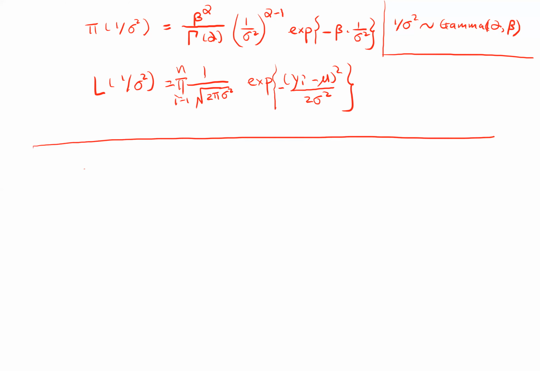So the goal is to derive the posterior. Keep in mind that mu is known, so it goes after the proportional sign. Anything not about 1 over sigma squared is a constant, so that can help you simplify things, I think.